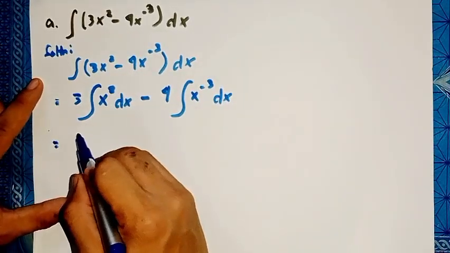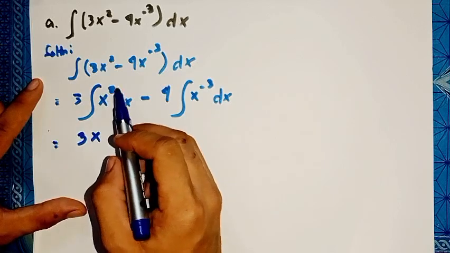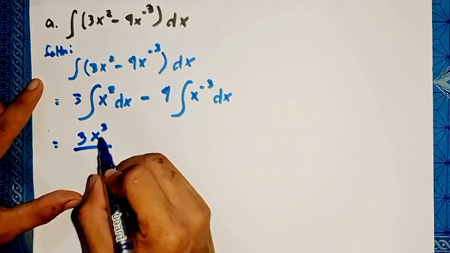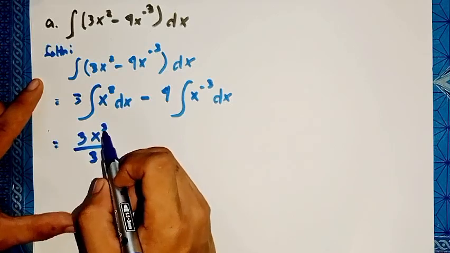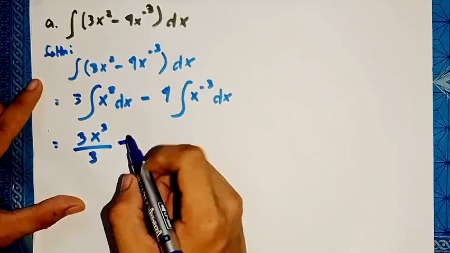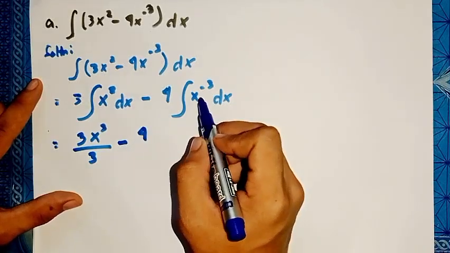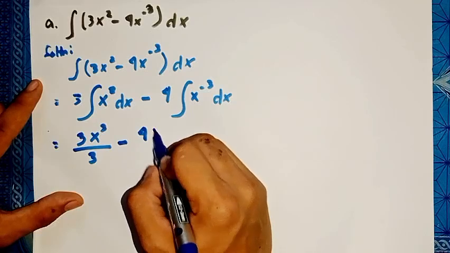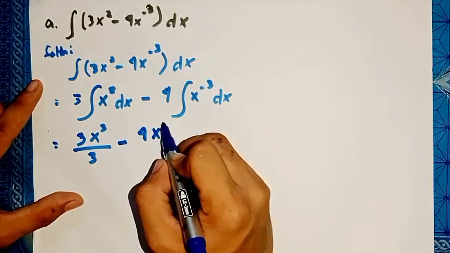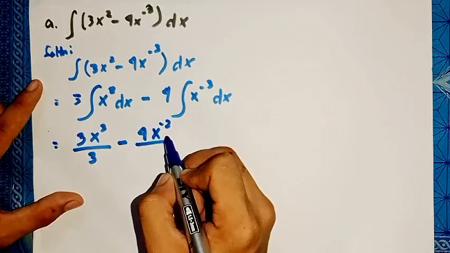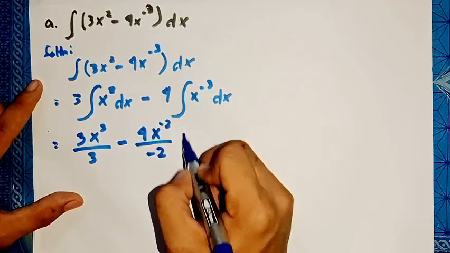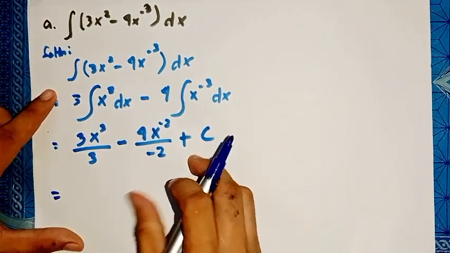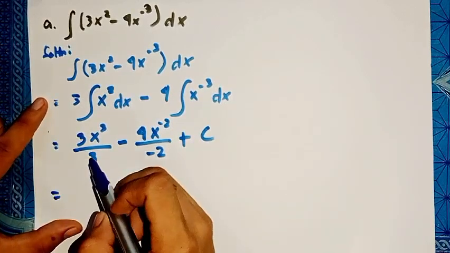Now apply the integral. We have 3 times x to the 2 plus 1, over 3 since the exponent is 3. Next is minus 4 times the integral of x to the negative 3. We have x to the negative 3 plus 1, negative 2, over negative 2, plus c. Next, simplify.